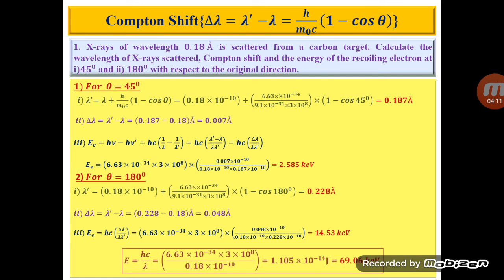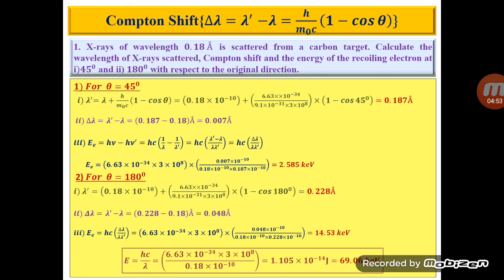So now let us consider a problem on Compton scattering, in which an X-ray of wavelength 0.18 angstrom is scattered by a carbon target, and we have to calculate the wavelength of the scattered X-ray photon and the corresponding observed Compton shift and the energy of the recoiling electron at two different scattering angles, that is at 45 degree and at 180 degree with respect to the incident direction.